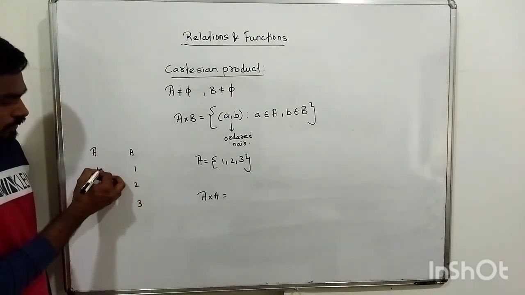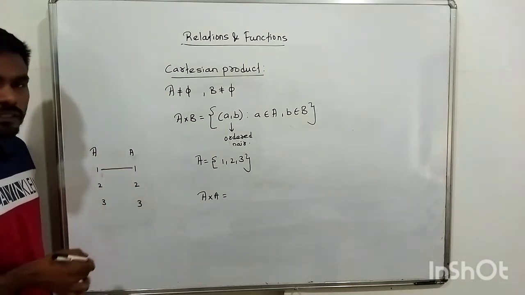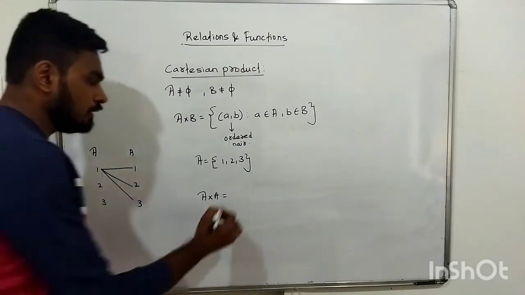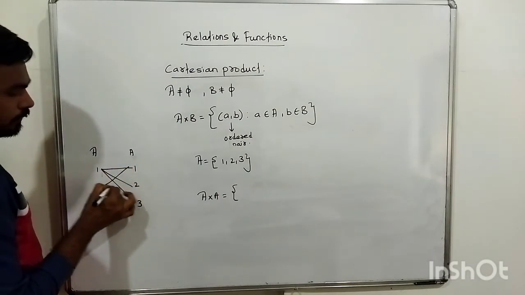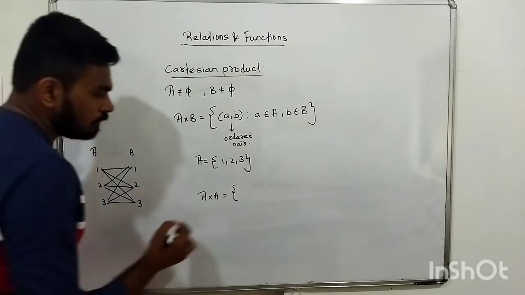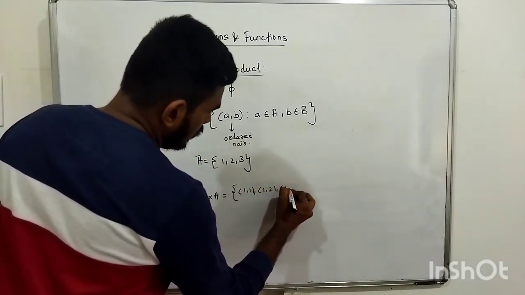Then I am making pairs now. So 1 with 1. Similarly, 1 with 2, 1 with 3. These are 3 pairs. Then 2 with 1, 2 with 2, 2 with 3, and 3 with 1, 3 with 2, 3 with 3. So we get like this: 1, 1, 1, 2, 1, 3.